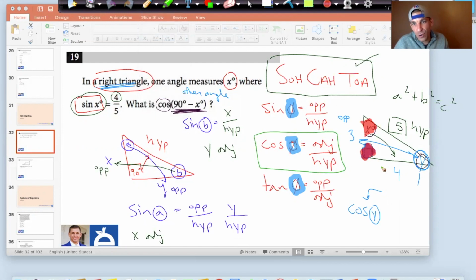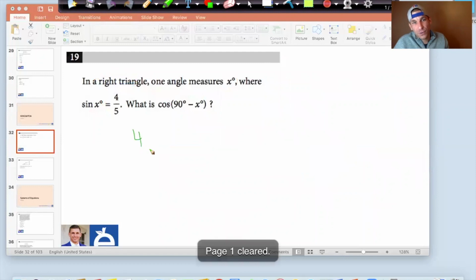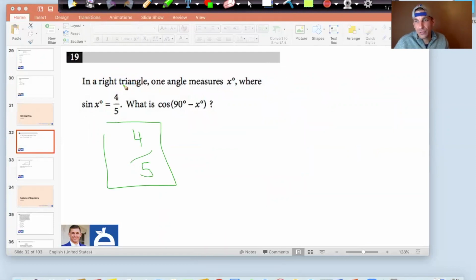And what would you know? 4 is my adjacent, so the 4 stays the same, and my hypotenuse stays the same. So after this whole thing, your total answer is 4/5.